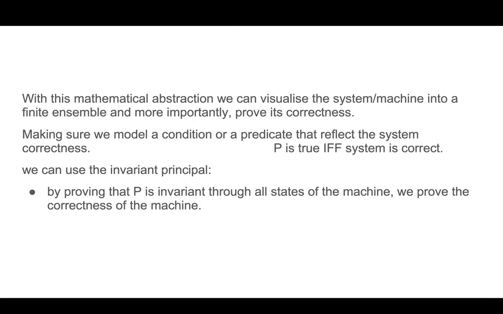By making sure that we model a condition or a predicate for that system, depending on that system, and whenever that predicate or condition is true, it tells us that the system is in the correct state or is working properly. So when we have this correlation, then we can have the rule that if P is true, which is the predicate or the condition, then it is equivalent to the system being correct at that state.